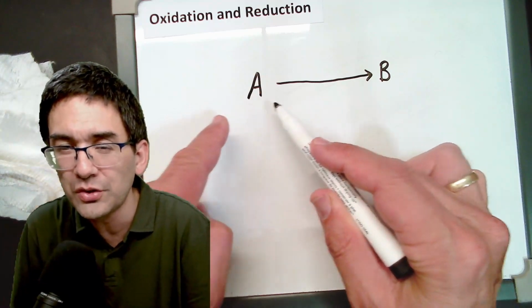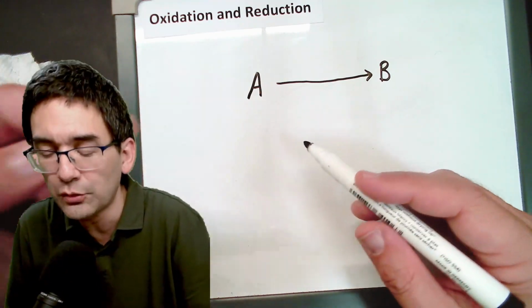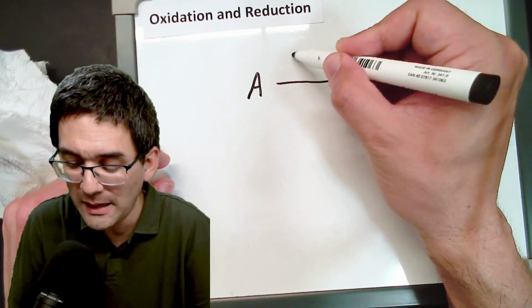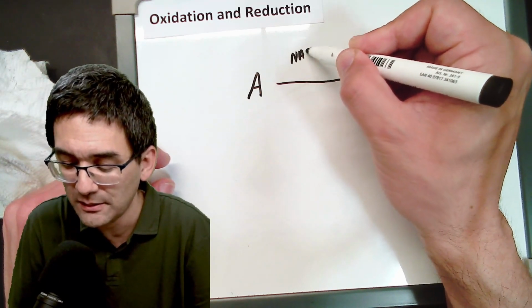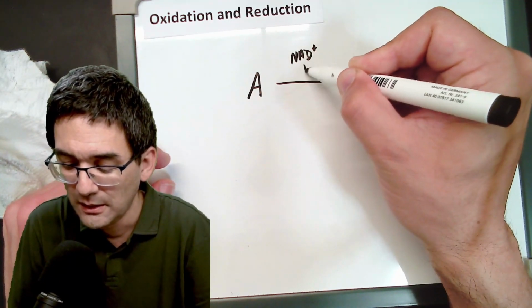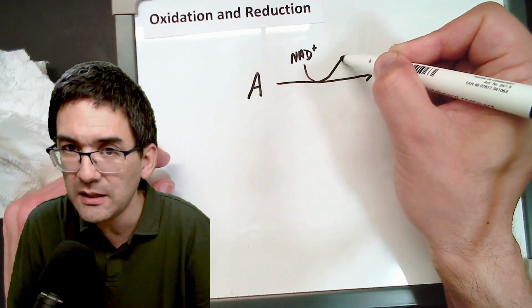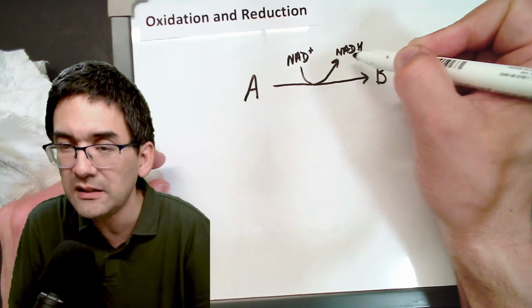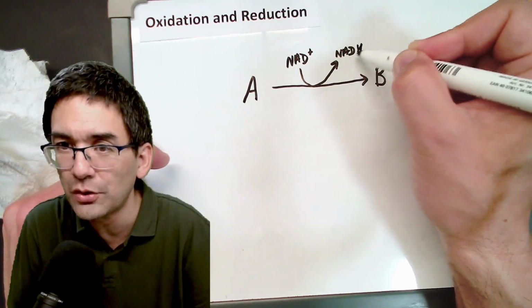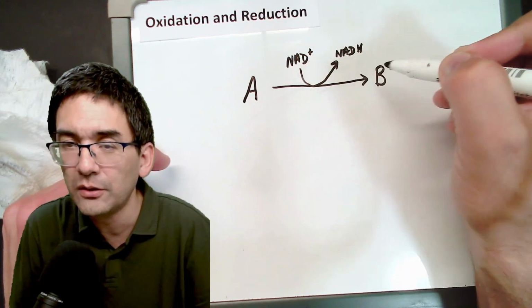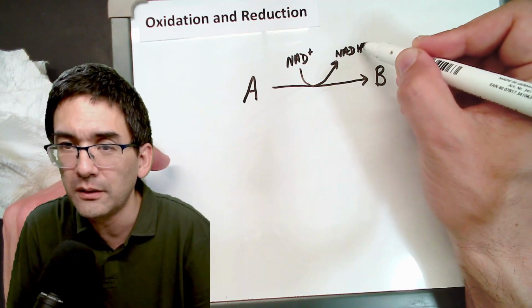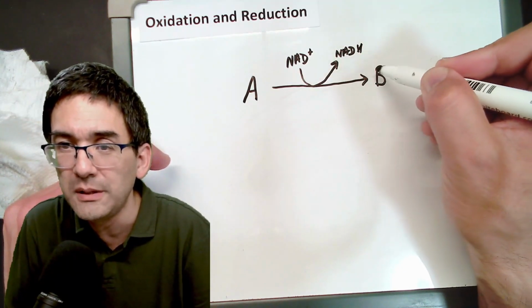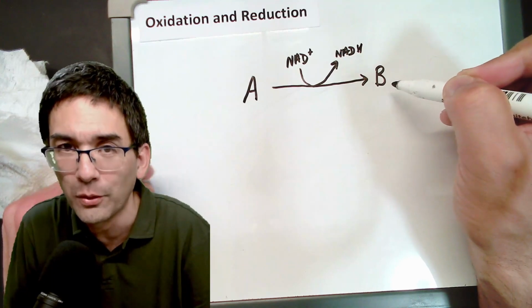And if I want to oxidize it, I have to remove electrons. So what I do is the following. I'm adding NAD plus and I'm taking away NADH, because the NADH contains electrons. Electrons are in here. And when I do that, then the NADH is now reduced and substance B is the oxidized form.